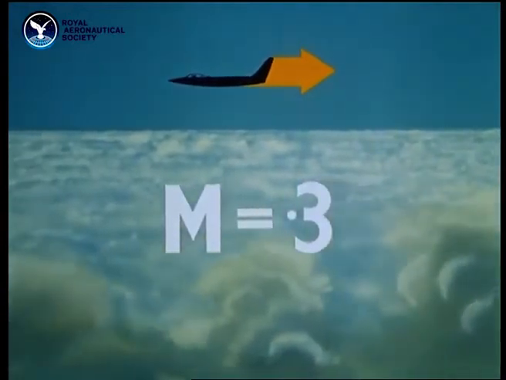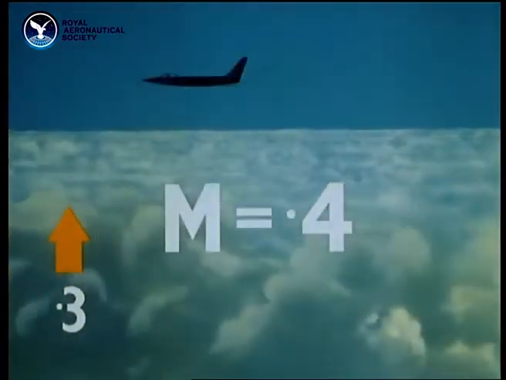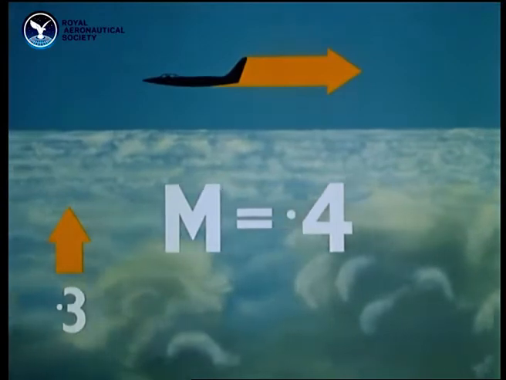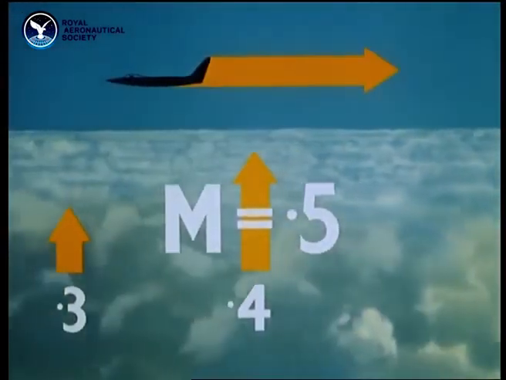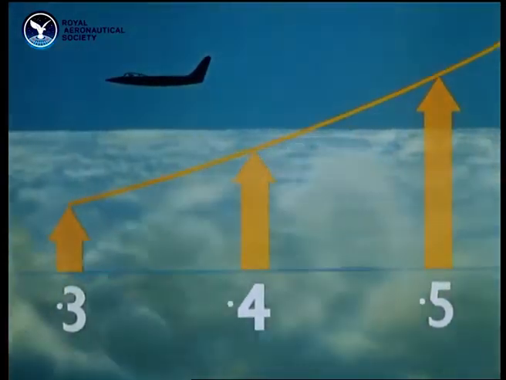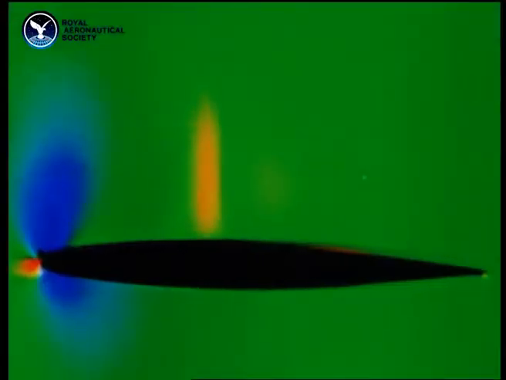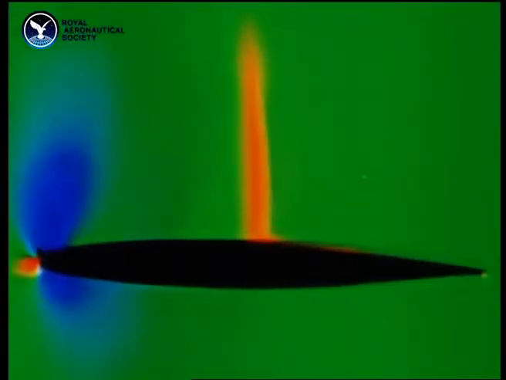At speeds below M-crit, drag is roughly proportional to the square of the speed. But when shock waves develop, they cause a much greater rise in drag.